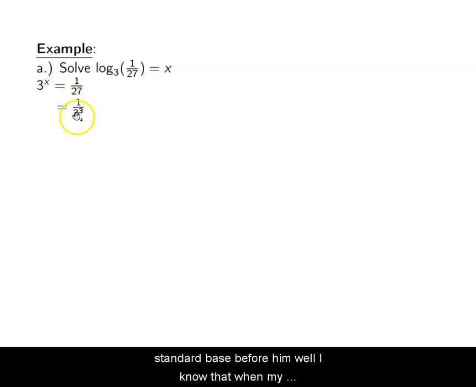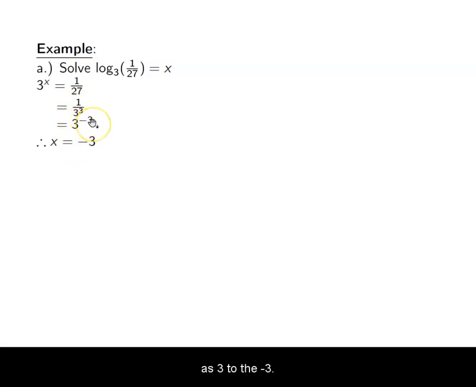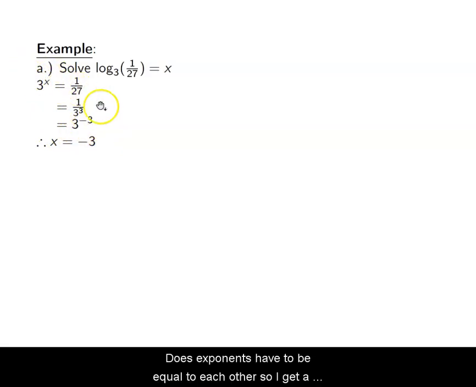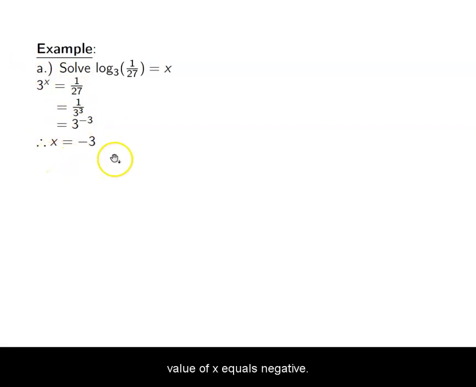When my number is in the denominator with 1 in the numerator, I need to use a negative exponent, so I can rewrite this as 3 to the negative 3. And so if 3 to the x is equal to 3 to the negative 3, those exponents have to be equal to each other. So I get x equals negative 3 for my answer.